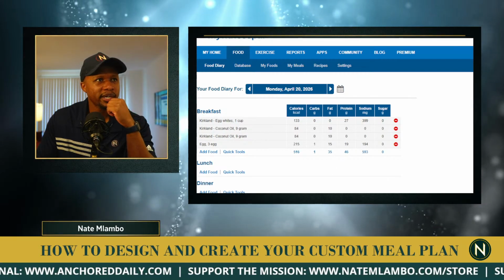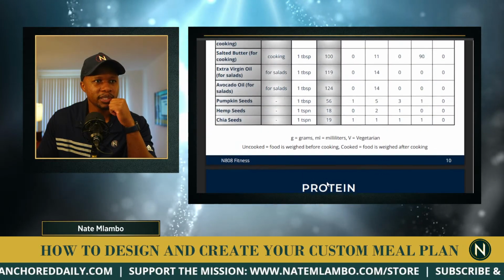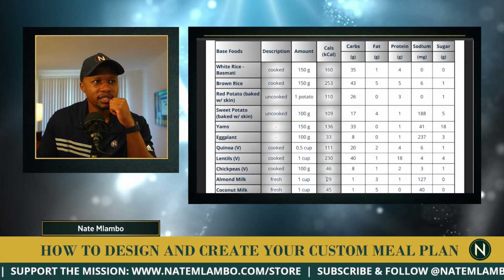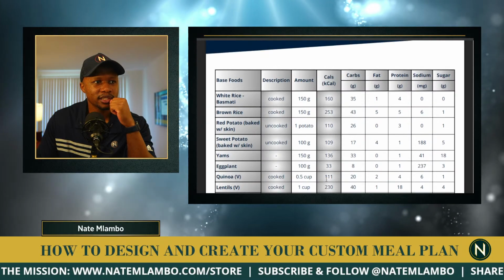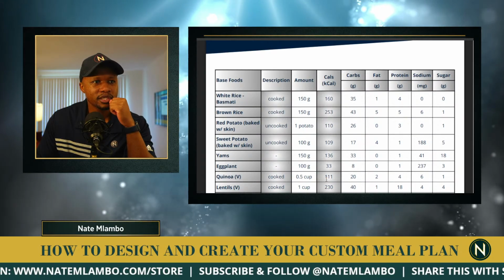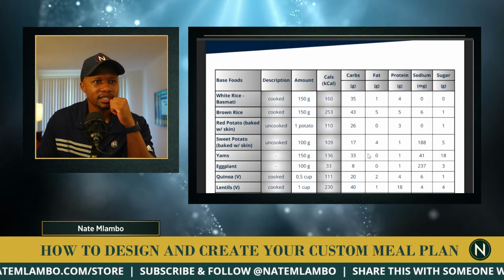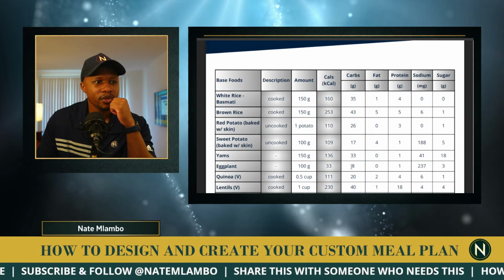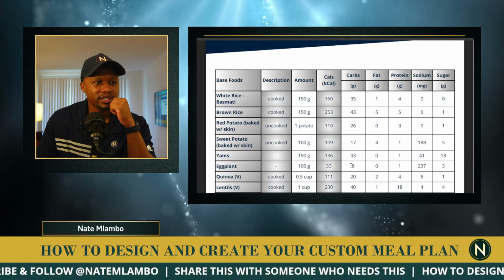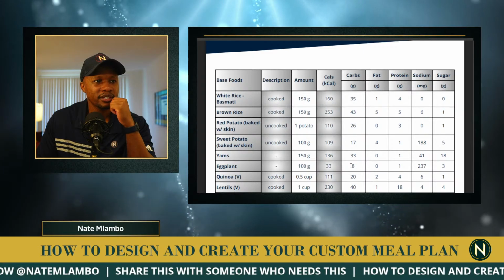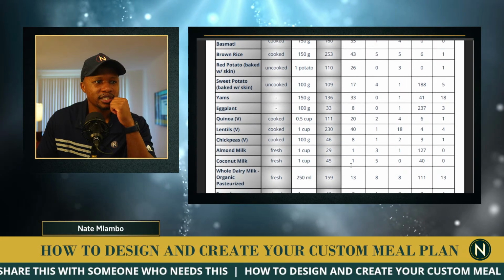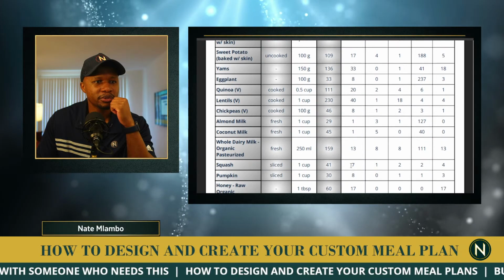So I'm going to come back to my grocery list. So I'm going to go back to the carbs. Now I'm going to look at this table, see, okay, what carbs can I eat that don't have high fat for breakfast? What would I eat for breakfast that doesn't have a lot of fat and too much protein?